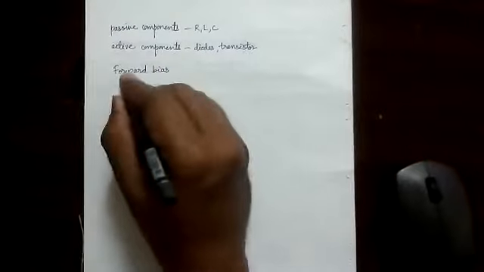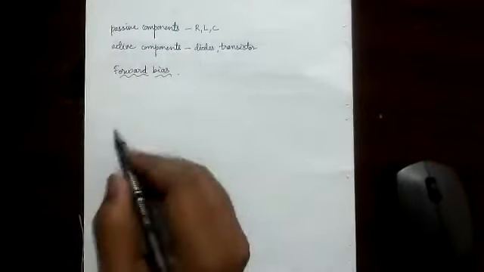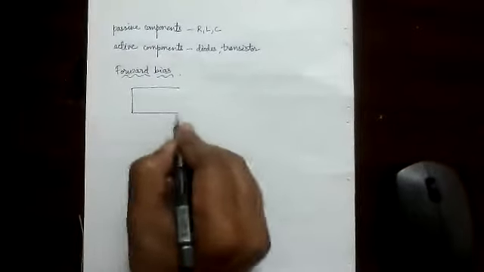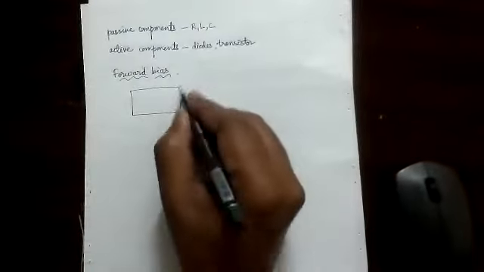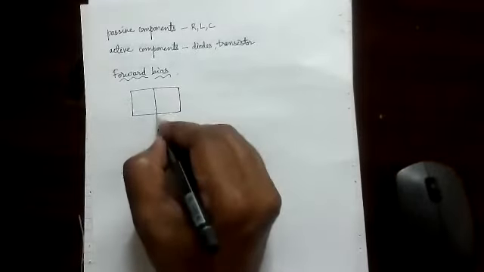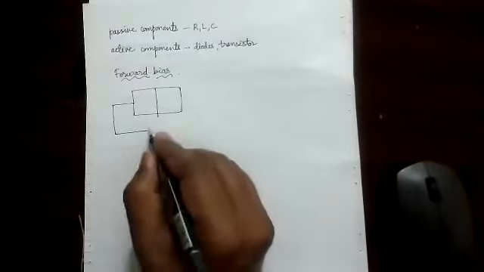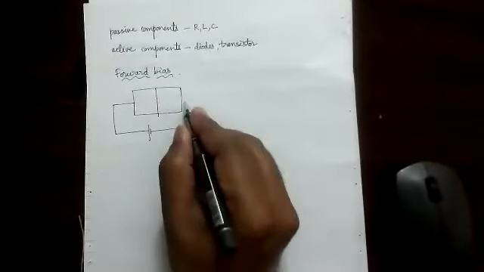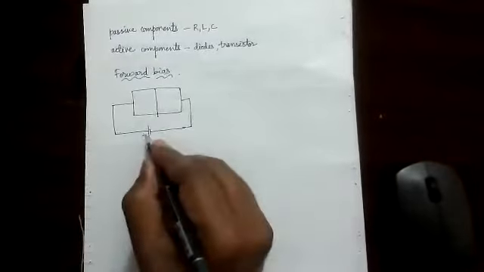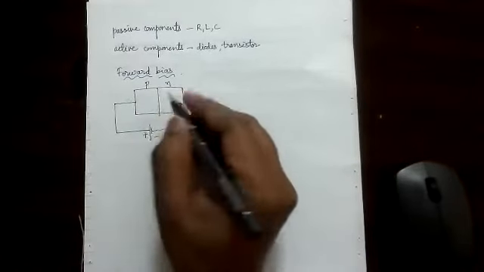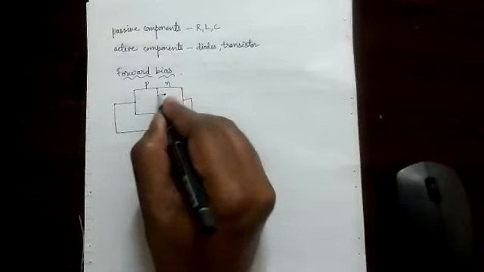First we'll explain the forward bias. In forward bias, the P substrate, or the P, is connected to positive and N is connected to negative. I'm drawing a simple one. So P is connected to positive of the cell, or positive of the battery. N is connected to negative. So N has electrons.